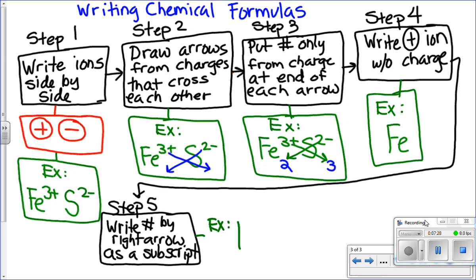So this will be Fe, and what is the number by the arrow that started from the right? 2. Two.